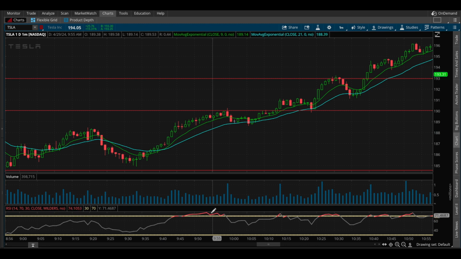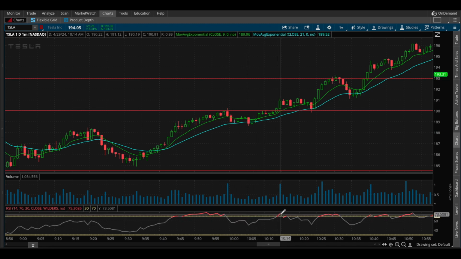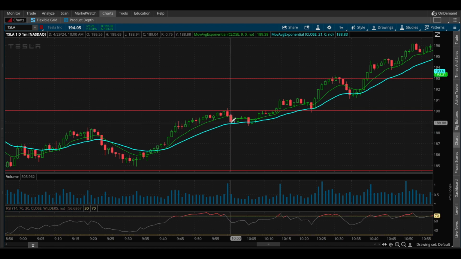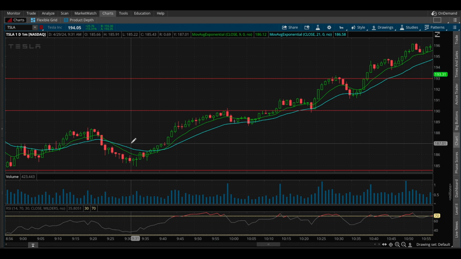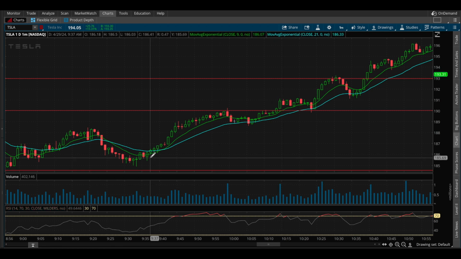Then it pretty much kind of stayed steady, and then it dropped down, consolidated, and then went back up, okay? So it shows that essentially this particular stock at this time was very volatile, right? We see that in terms of the volume here, the volume here, the volume here. These areas are key points of contention, okay? So this is essentially how I would be able to enter a trade.